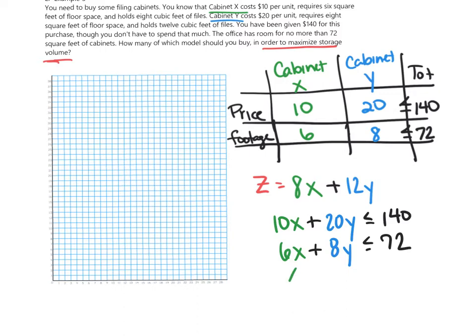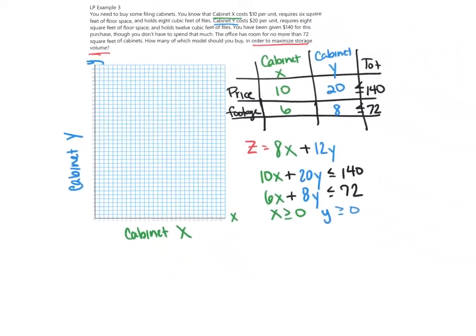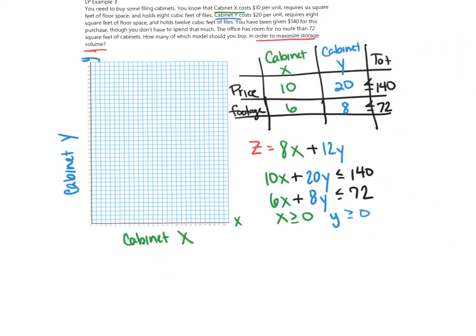I have to make some of cabinet X, and I have to make some of cabinet Y. Here, the X variable is cabinet X, and here the Y variable is cabinet Y.